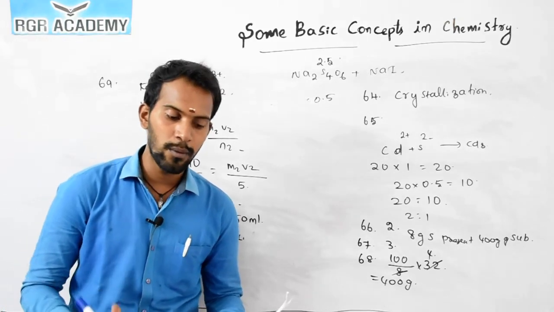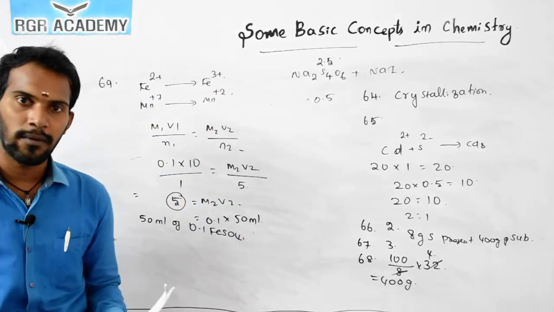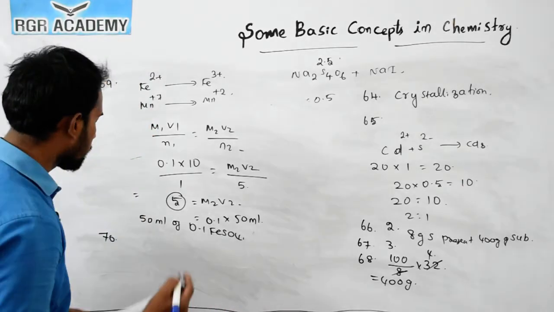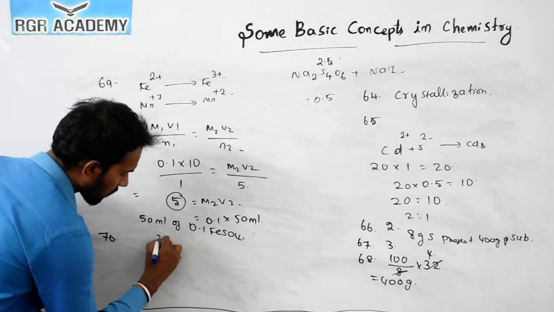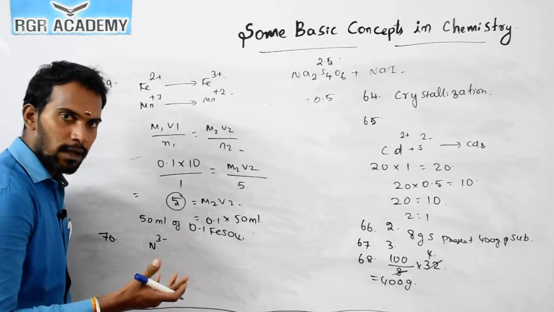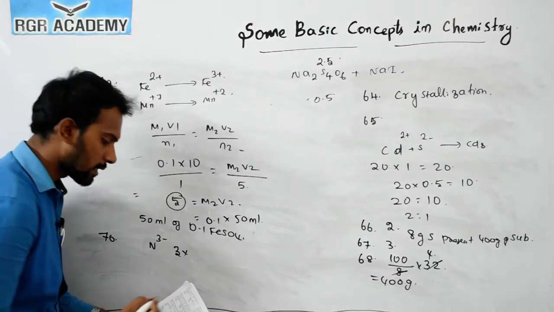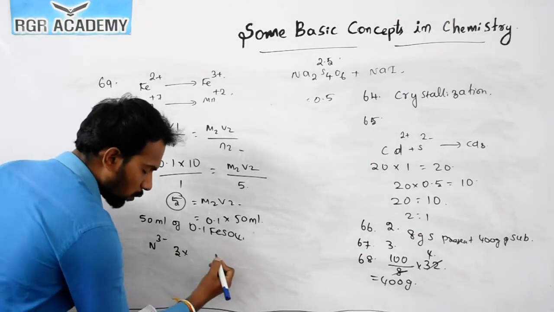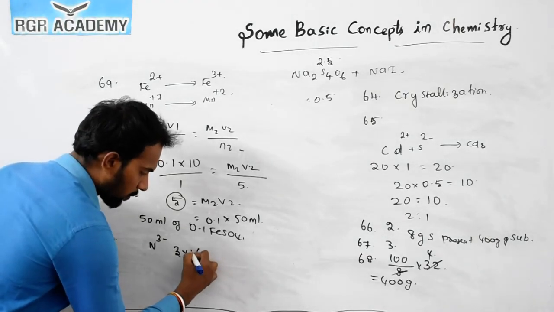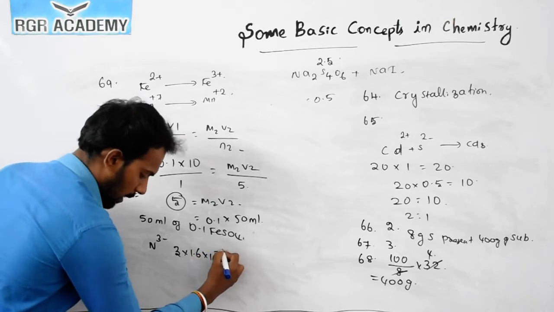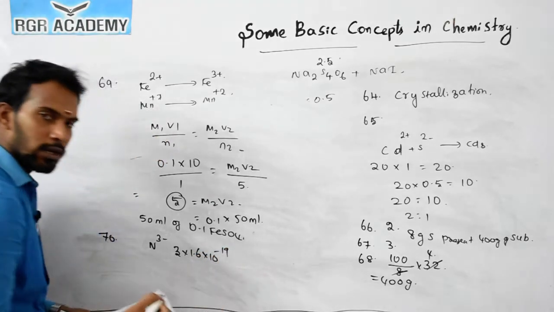Find how many coulombs of charge is present on 1 gram of N3 minus. So 1 gram of N3 minus means it gains 3 electrons. So 3 into 1.6 into 10 power minus 19 coulomb, into Avogadro number.